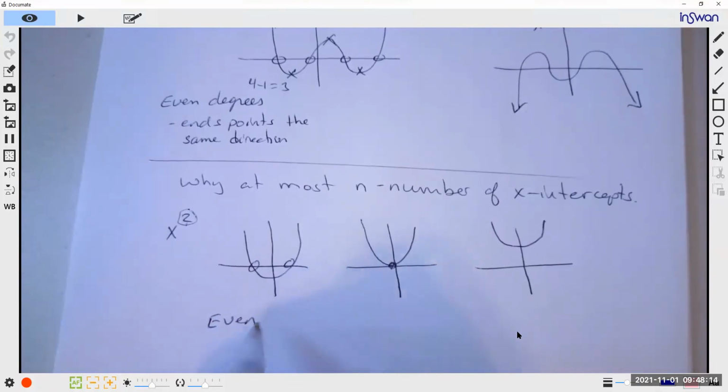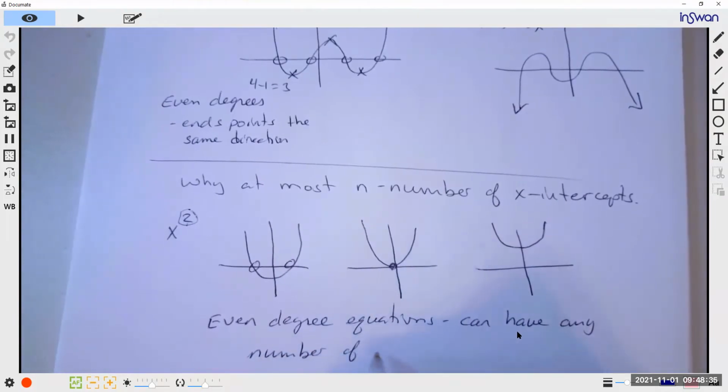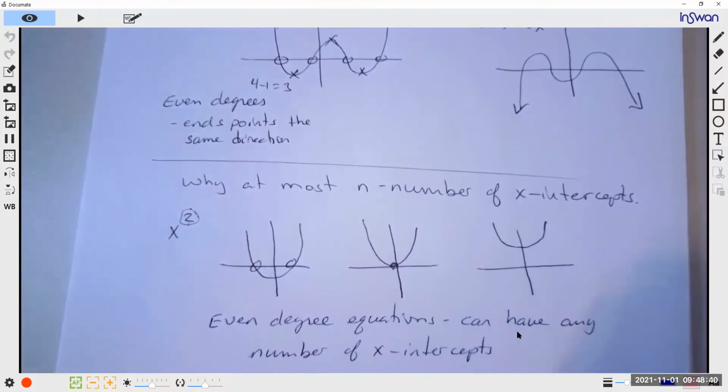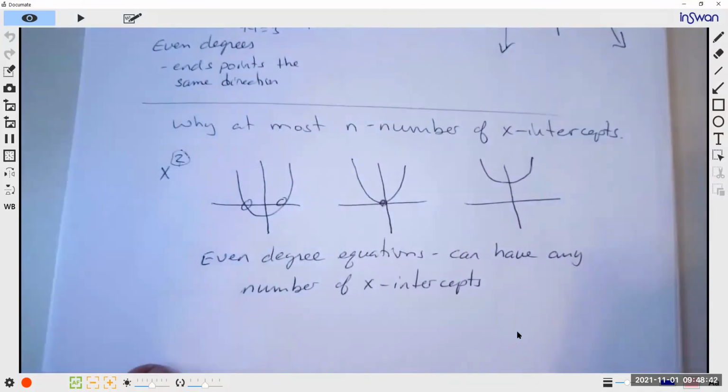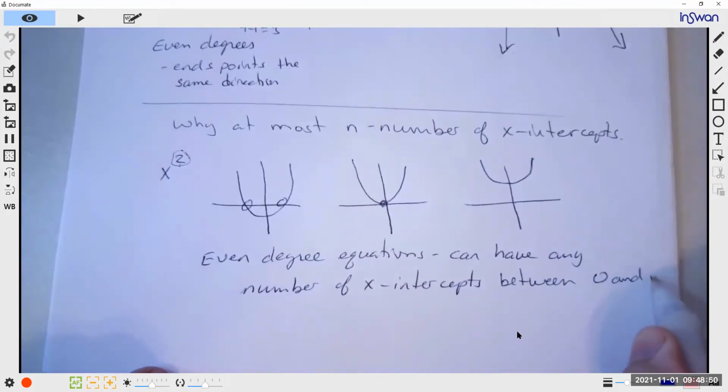So even degree equations can have any number of x-intercepts between 0 and n.